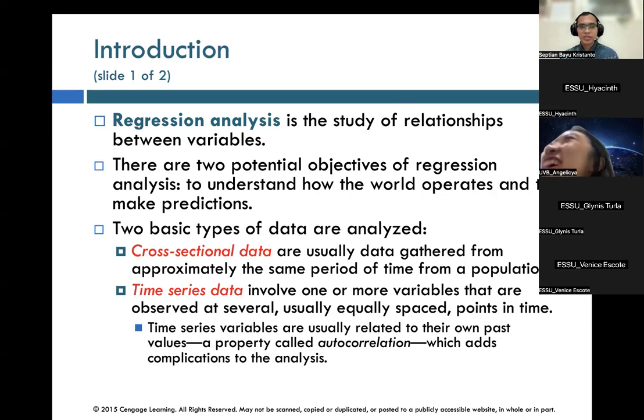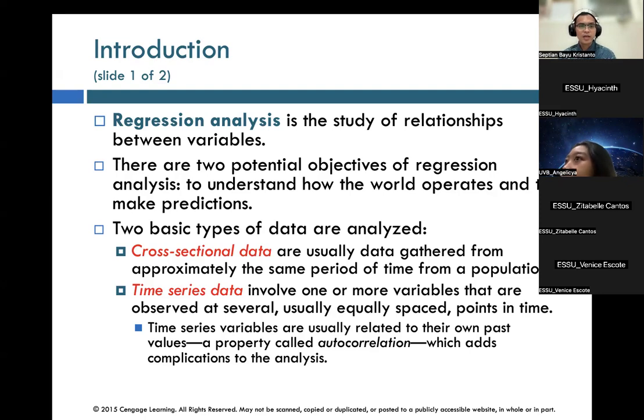In cross-sectional data, you gather all of the data in the same period of time. You get all of the data in the population or in a sample, but you take all of it in the same period. For example, you take all of the provincial data in your country, the Philippines, at one time, say 2020 or 2021.